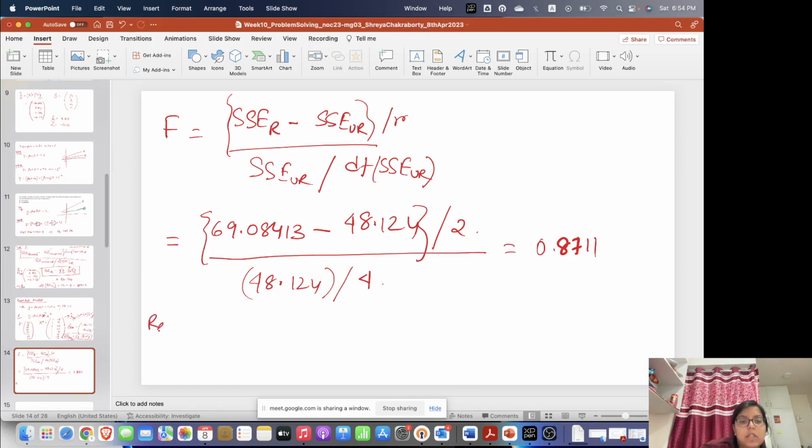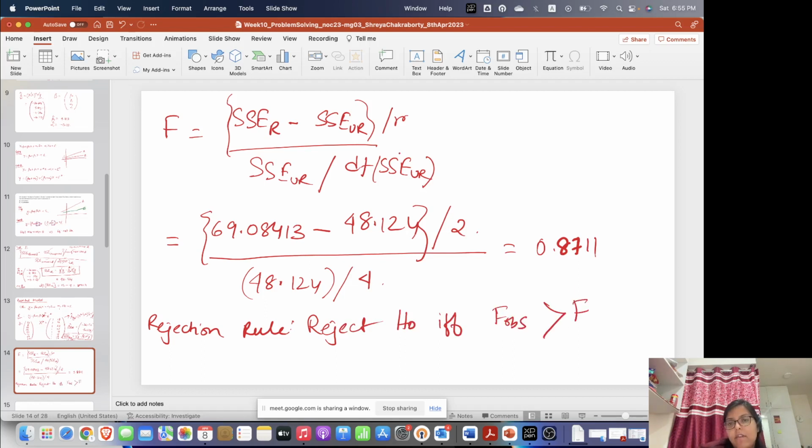Now, what should be the rejection rule? We would reject H naught if and only if F observed is greater than F with 2 and 4 degrees of freedom at 0.05. So if this is the F distribution, this is the point above which the area is 0.05.